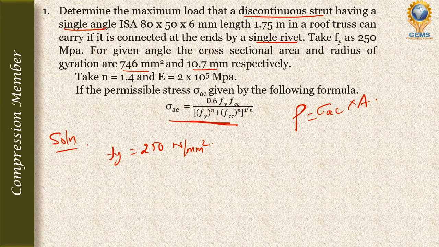R minimum is given, that is 10.7 mm. n is given as 1.4 and E is given as 2 into 10 to the power 5 Newton per mm square. We have to find P equal to sigma AC into AE.